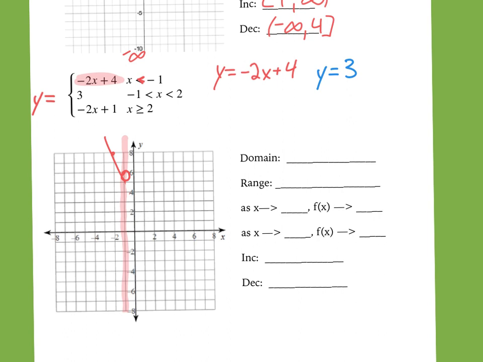Okay, I could graph this whole line and then go back and erase. Or I could just look and see, where do I need this line? Between negative 1 and 2. So really I only have to draw it between negative 1 and 2 with open dots on the end.